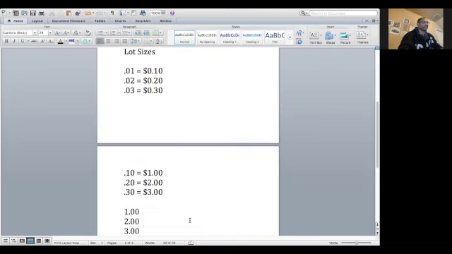Okay, let's go down. Let's see what this will come out to be. Same as before, just put it to the right once. So let's go 10.0, add a 0. So 1.00 will equal $10.